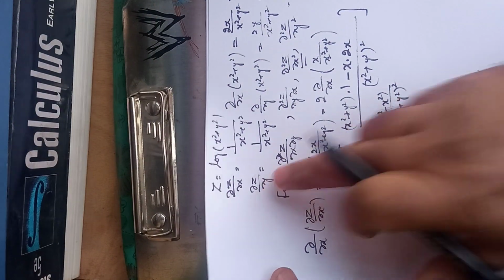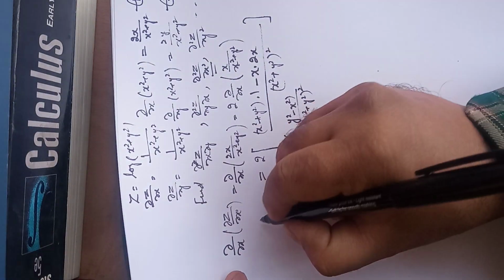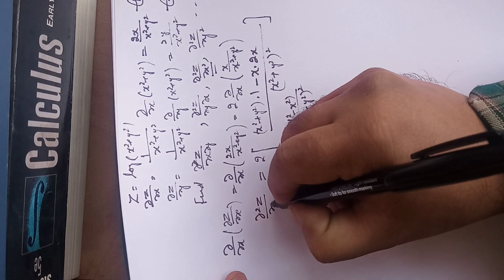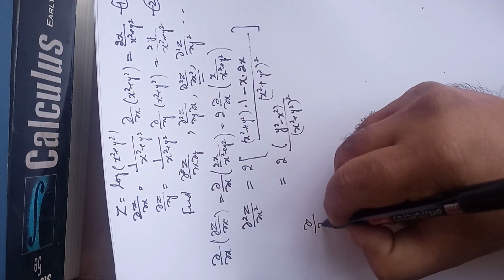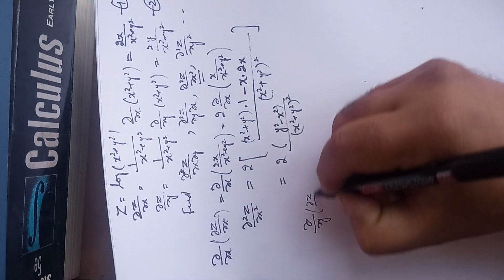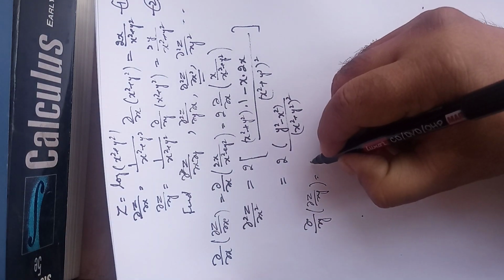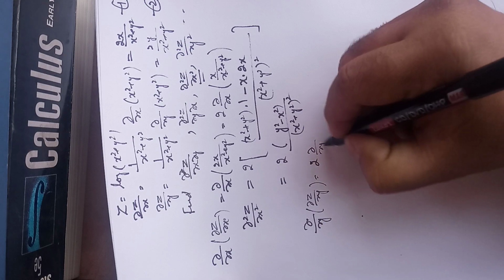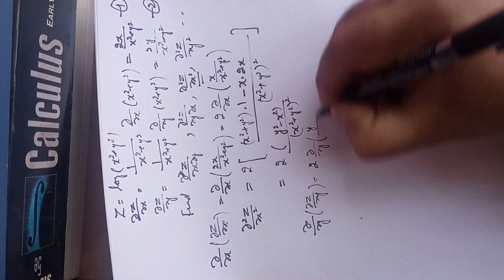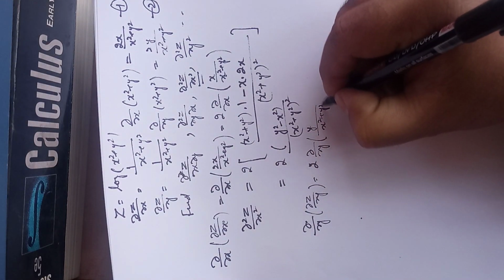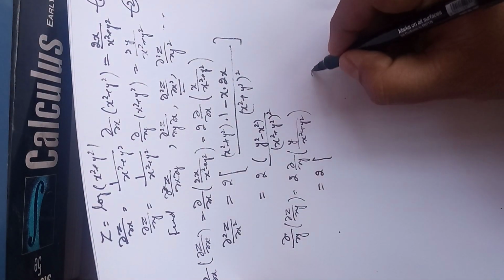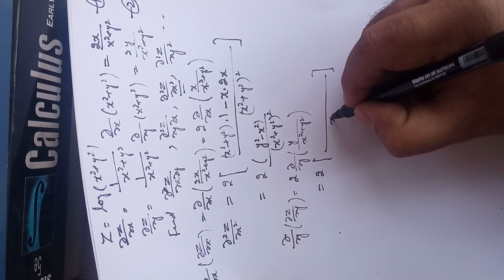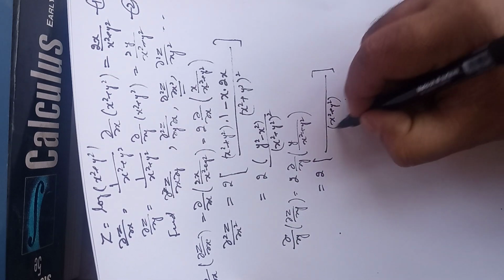Fine. Now let me differentiate this with respect to y. This is del 2z del y2. Del by del y of del z by del y means twice del by del y of y upon x square plus y square. Again u by v form: x square plus y square whole square in the denominator.